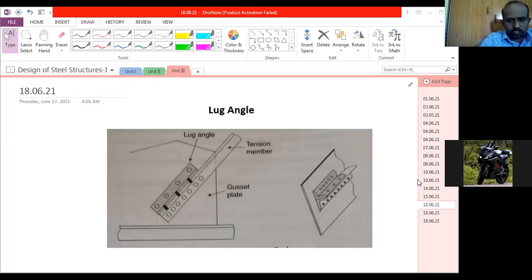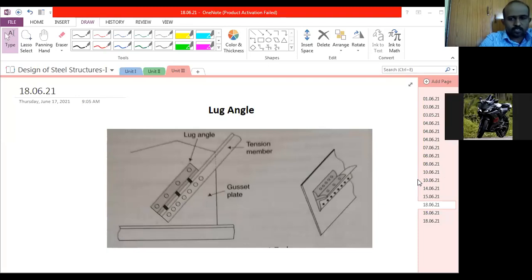Suppose you selected ISA 75 by 75 by 8. Next, you have to select ISA 75 by 75 by 10, the next section. So which section satisfies the criteria? Design criteria, that is the yielding capacity, rupture capacity, as well as block shear capacity, must be greater than the design load, right? Up to that, we have to redesign the member.